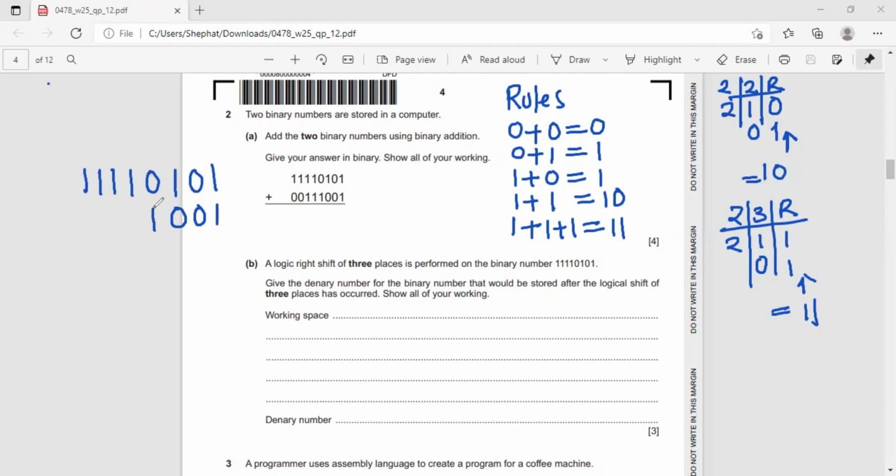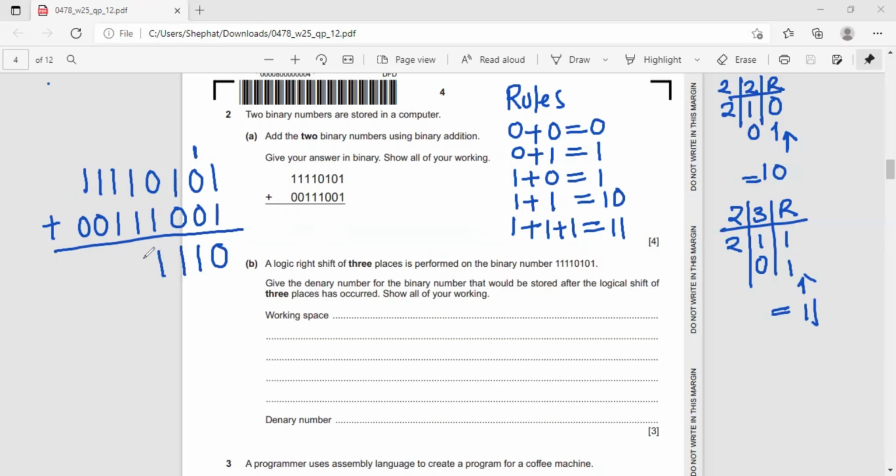Then we have 1, 1, 1, 0, 0. At least this one was more visible. So 1 plus 1 is 0, according to the rules here, we are still using the same rules. Then we carry 1. 1 plus 0 is 1. Then 1 plus 0 is 1. 0 plus 1 is 1.